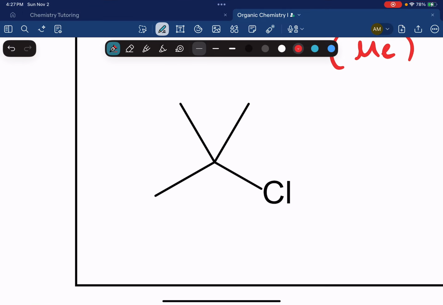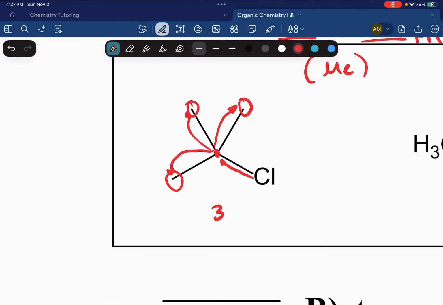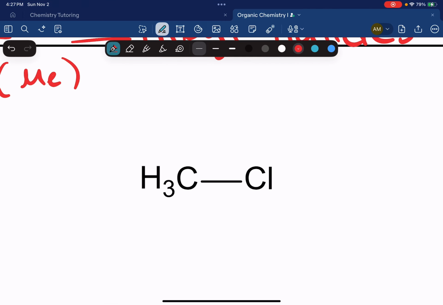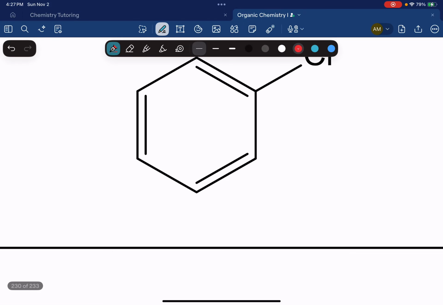What kind of alkyl halide is this? Good. Tertiary, because the carbon that the chlorine is attached to is bonded to 3 carbons. I hope you guys are seeing this. This is a tertiary. And not what we're looking for. What is this? Good. Methyl. Literally only 1 carbon involved.